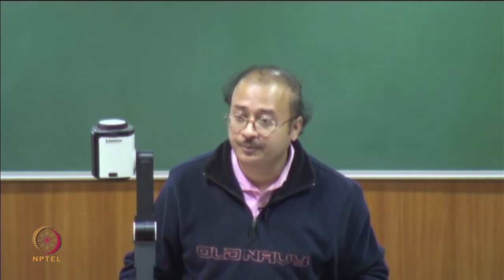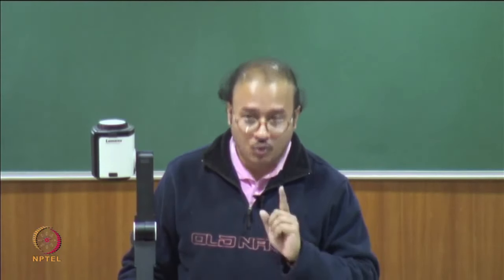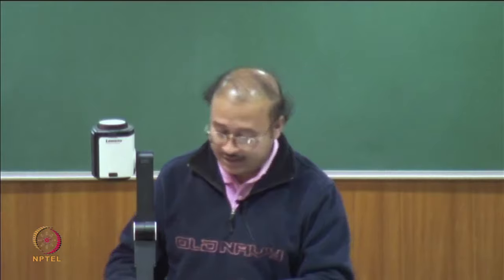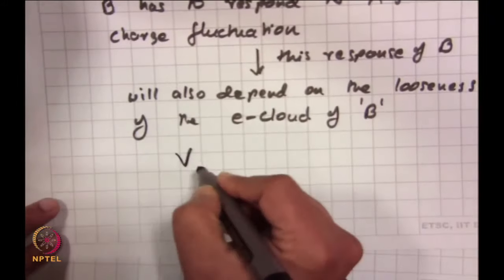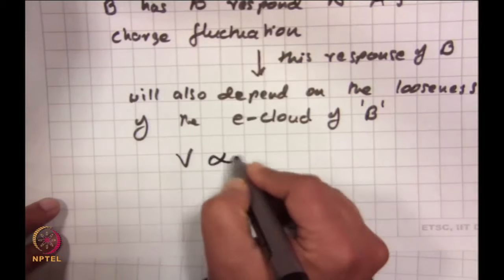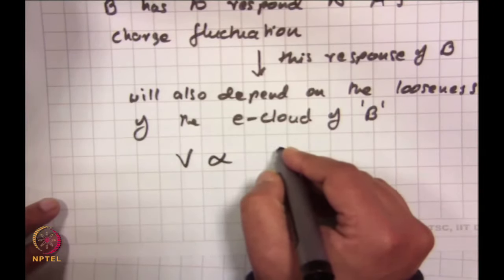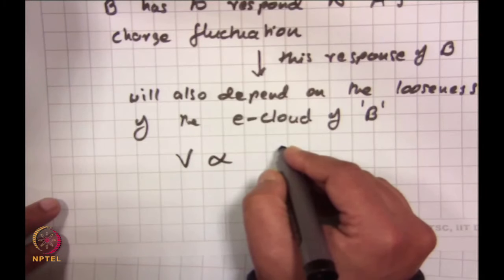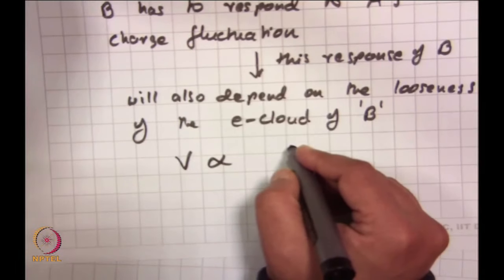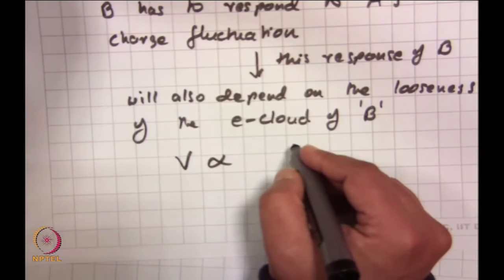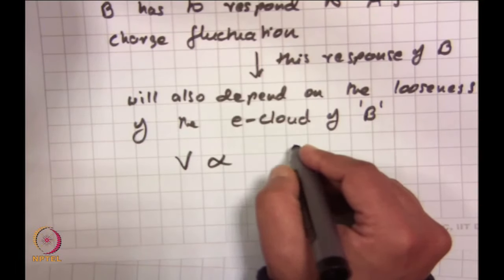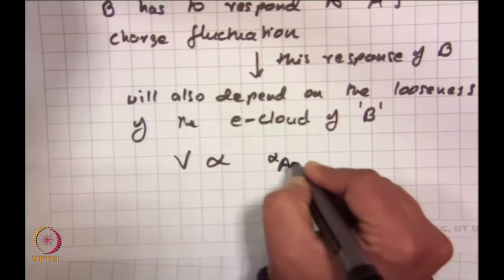Hence, what you can guess is that my potential energy of interaction V would be proportional to, at least not talking about the distance dependence now, what? Tell me. One was the looseness of the electron cloud of A, that was represented by the polarizability of A. So, I can write alpha A.